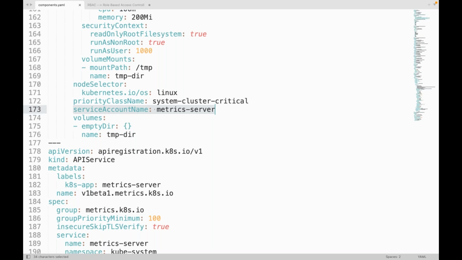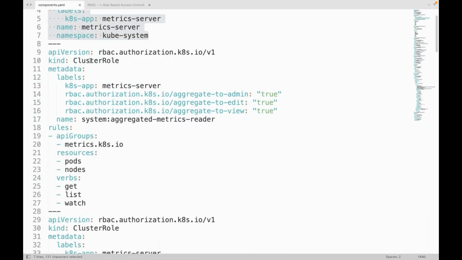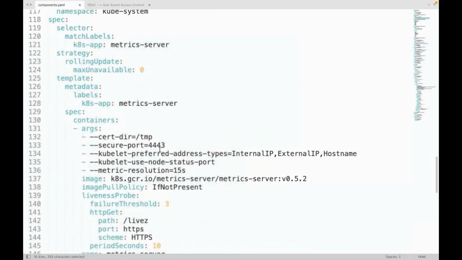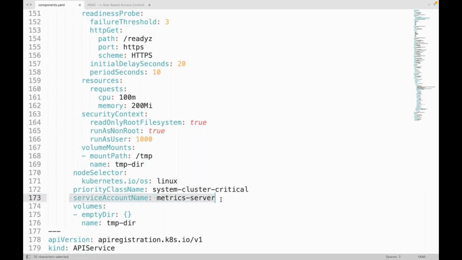So the server gets permissions to AWS resources based on the policies you attached. Similarly, here we are creating one service account and one role, attaching this role to the service account, and that service account is used in this deployment.